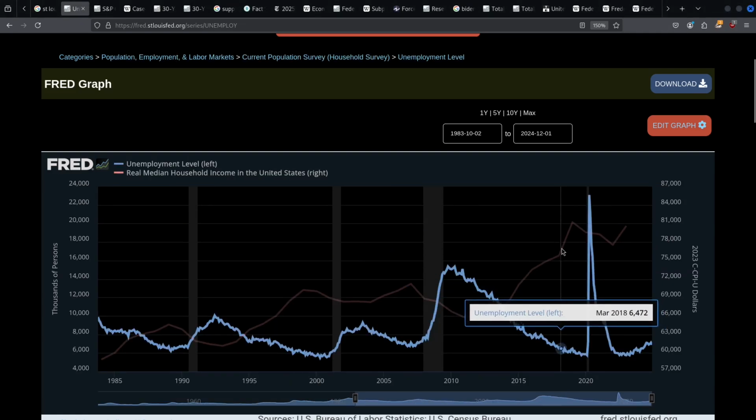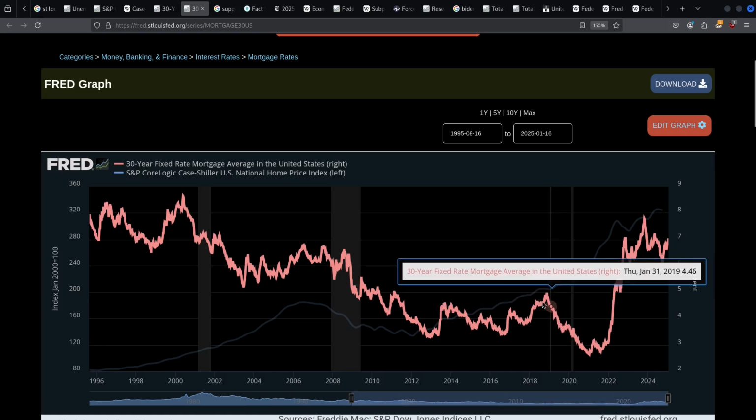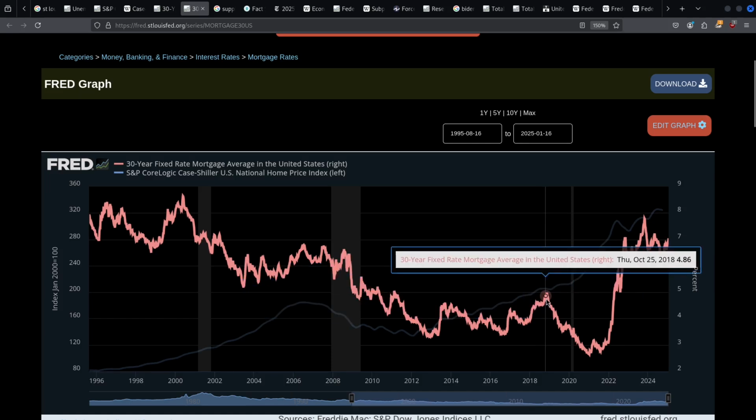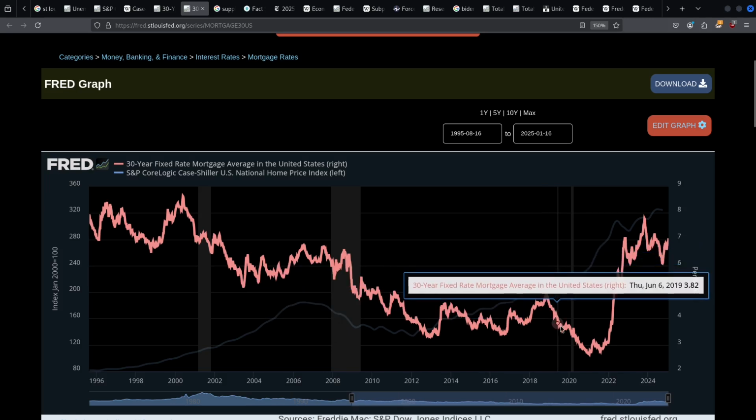So they're like, yeah, I want to buy a house. And since these people are buying houses, there's an increased amount of loans and mortgages in the housing market, which drives down the interest rate.